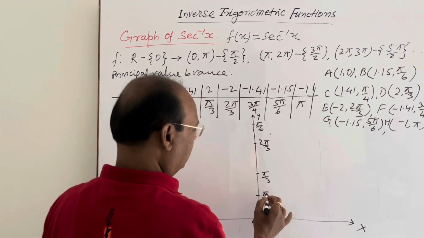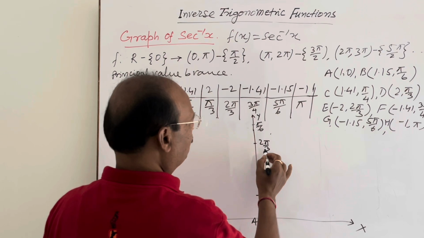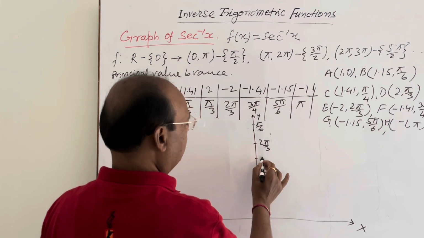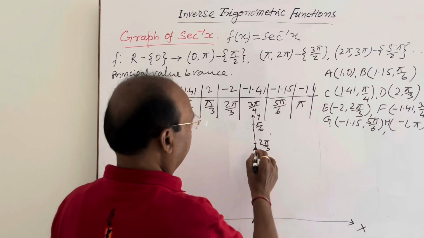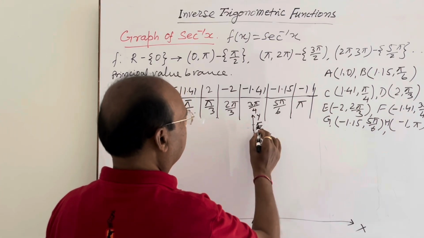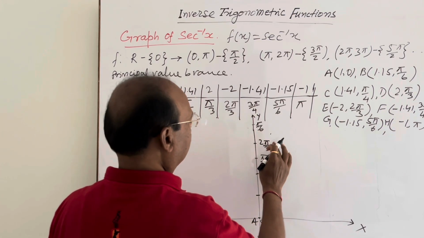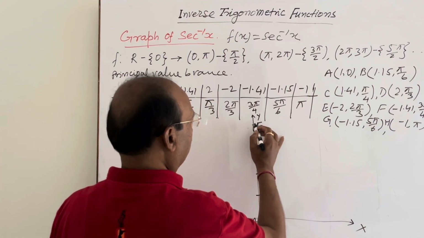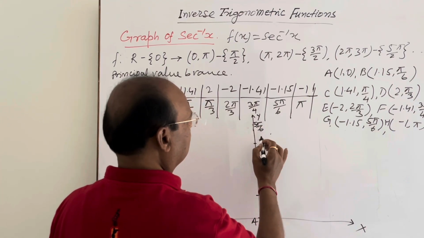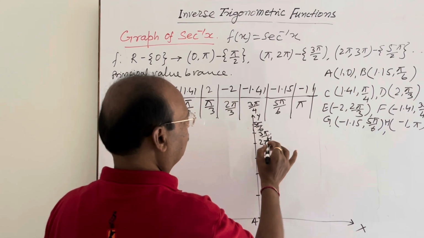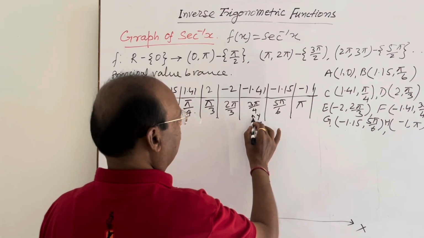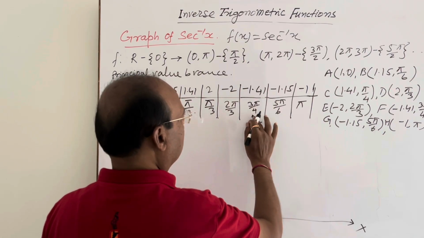In between pi by 3 and 2 pi by 3, this will be pi by 2, correct? And in between 2 pi by 3 and 5 pi by 6, there is 3 pi by 4, correct? And if we proceed, we'll get angle pi here.